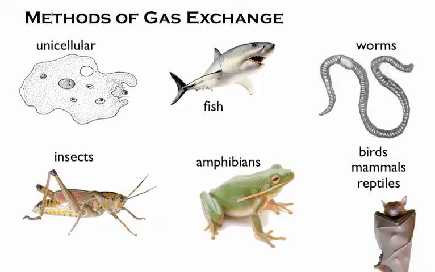If you check your notes, we drew a bug and pointed out where the spiracles are on the side of their body. Amphibians, the masters of gas exchange, actually do it 3 different ways. Tadpoles, when they're little babies, use gills, and adult frogs can breathe through their skin and also have lungs. And birds, mammals, and reptiles have lungs.